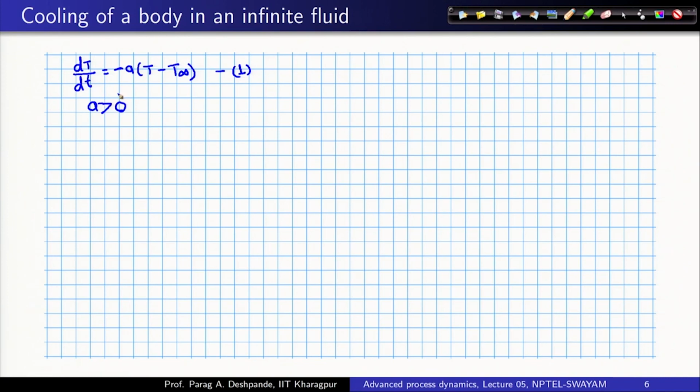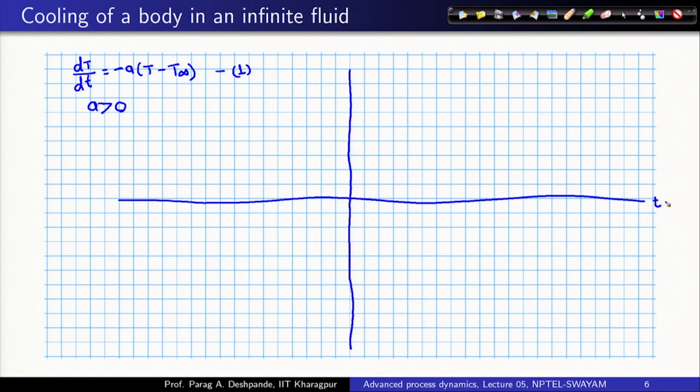Your value of a is greater than 0, which basically means that every single property associated with the system is positive. Let me draw the axes: this is the time, this is the temperature. This is for a greater than 0.